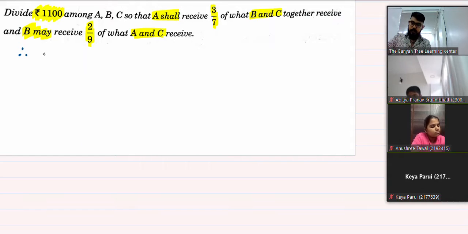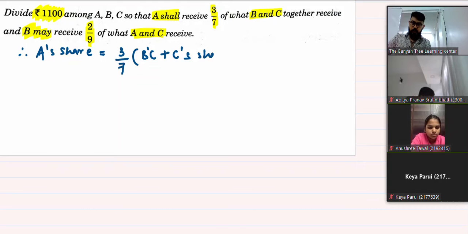तो इसको हम ऐसे लिख सकते हैं, A's share is equal to 3 by 7 times B's plus C's share. सही है ना?